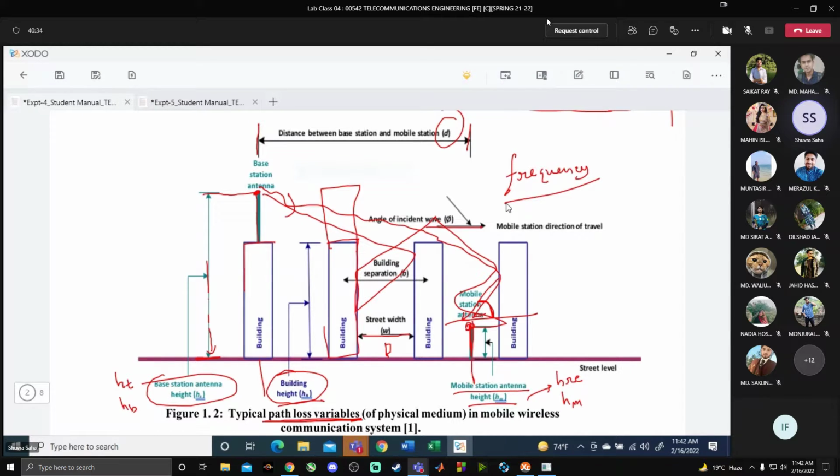These two have the most significant effect on the amount of path loss. When we see the propagation model equations, you will see these factors in the equations.